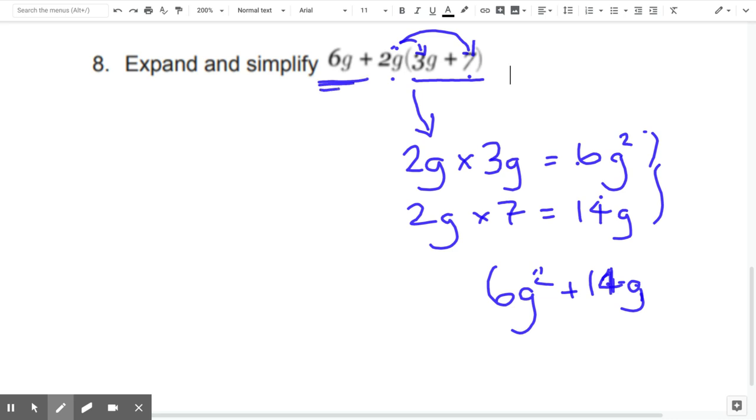And if we then look to the original equation, that was 6g plus the multiplied out bracket. So obviously, in order to complete that, we'd have to put the 6g in at the start of the equation.